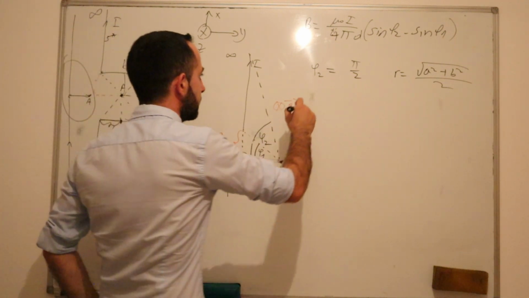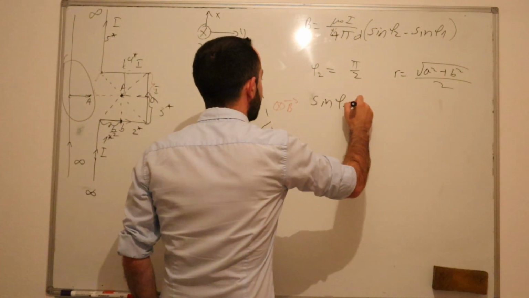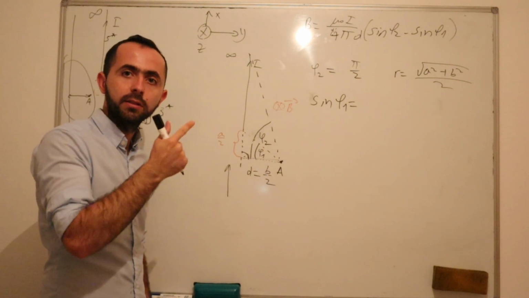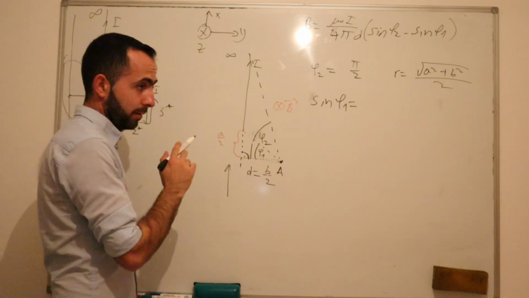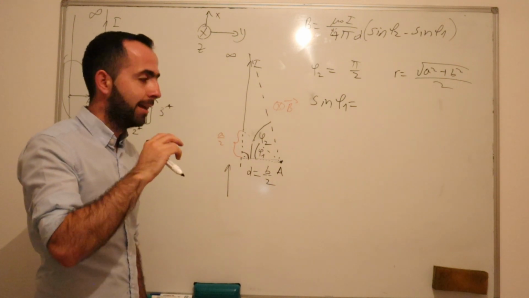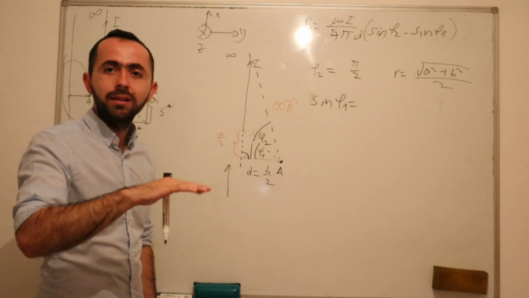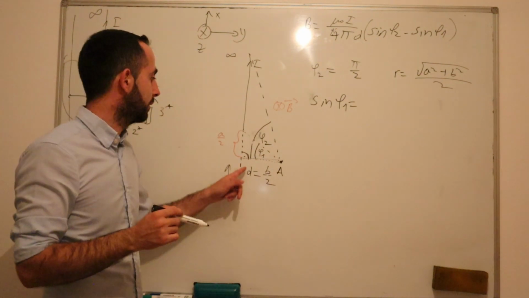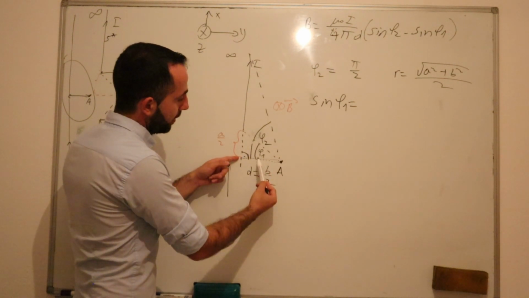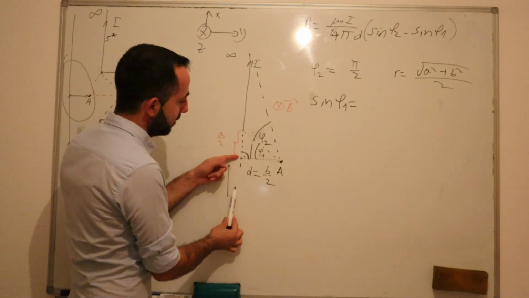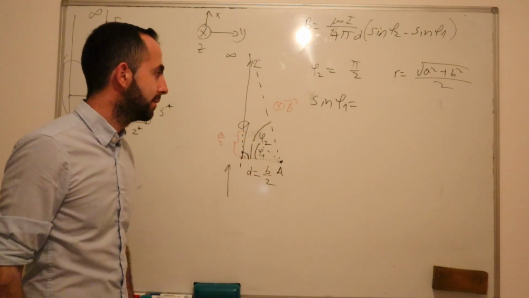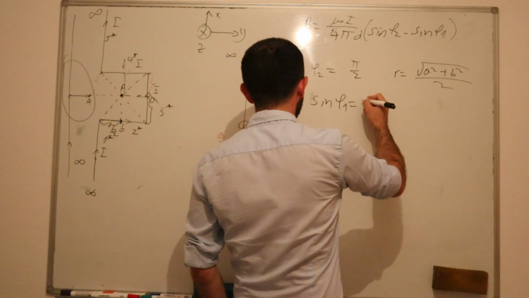So my sine phi1 is equal to... Firstly, let's determine if it is positive or negative, because in our previous videos we had phi1 negative. But look at this case, where its normal from the angle phi1 is here. Does the current come out or enter? It comes out from its normal, so it is a positive angle.